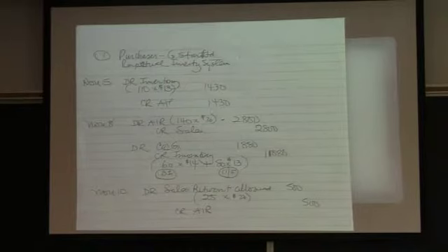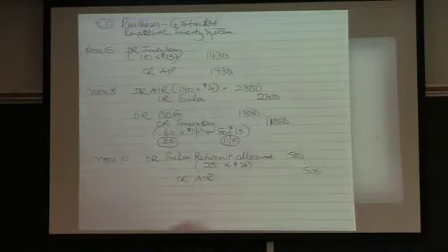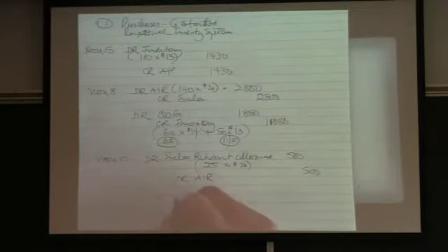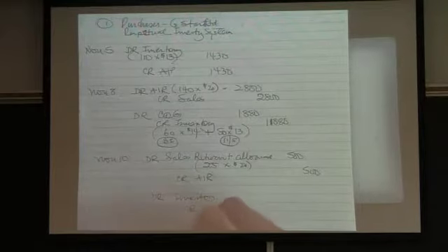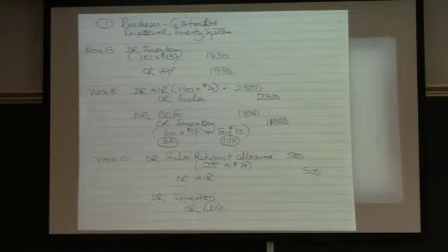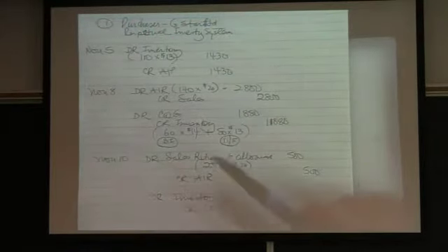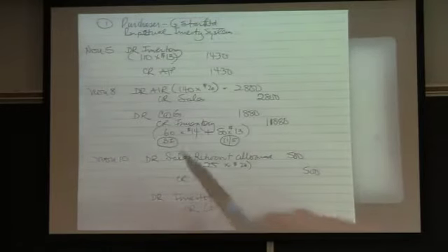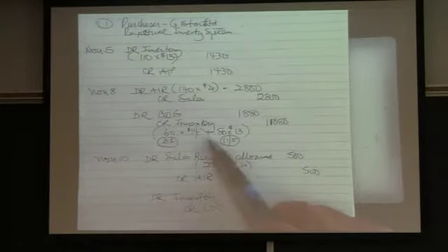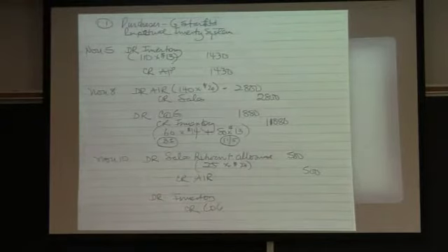But the next question is, we need to record the inventory coming back in, right? So we need to debit inventory and credit cost of goods sold. The question is, where did these 25 units come from? Did they come from the beginning inventory or the November 5th purchase?